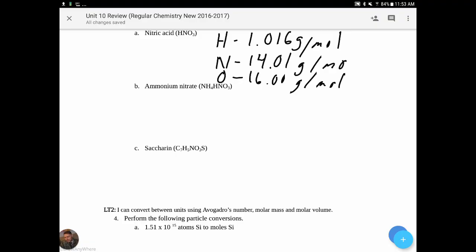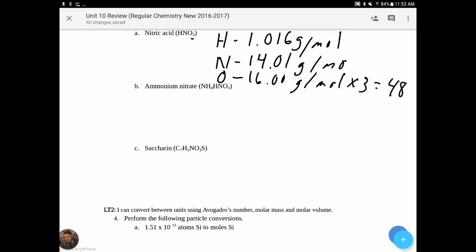Now, basically all we have to do is add these together, except oxygen has 3, so we're just going to take 16 times 3 and then add all of those together. So first we have 16 times 3, which is 48.